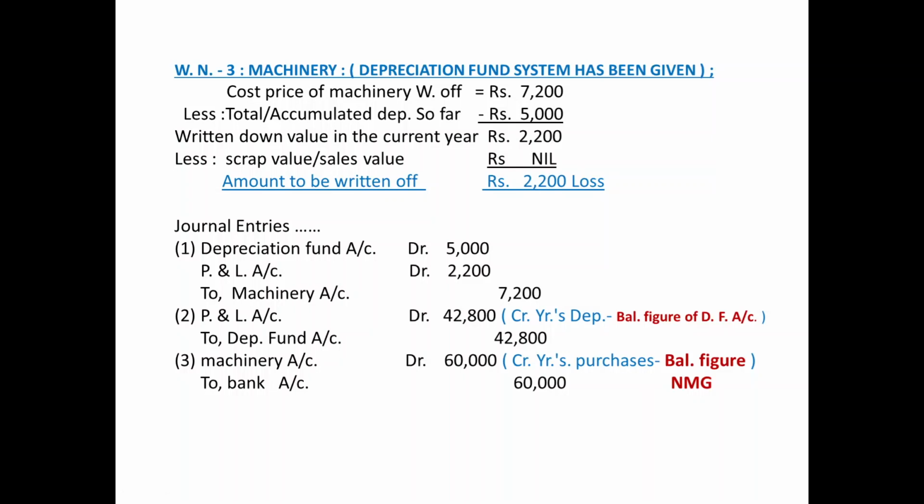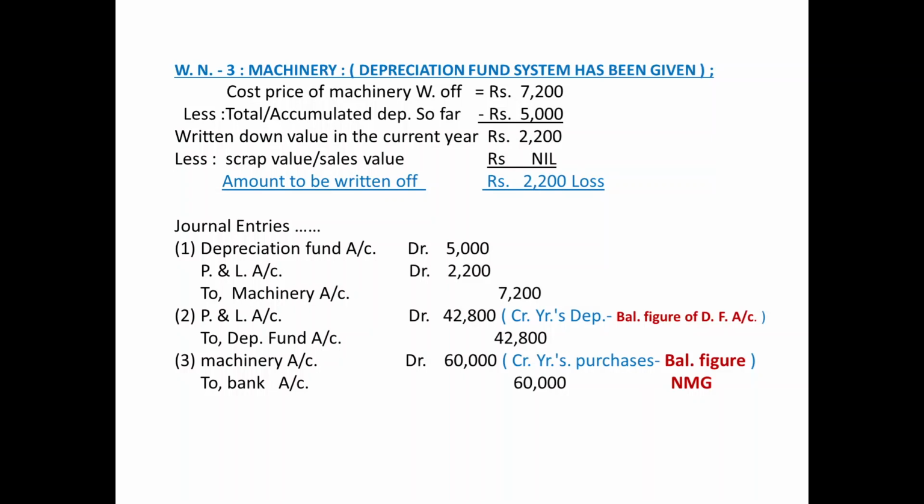That gives the written down value in the current year, rupees 2,200, versus there is no sales value, no scrap value, which is nil. So the entire amount of this written down value we have to write off to the profit and loss account. Instruction has also been given in the question, point number 3, that remaining loss was debited to profit and loss account. So amount to be written off to profit and loss account, 2,200.